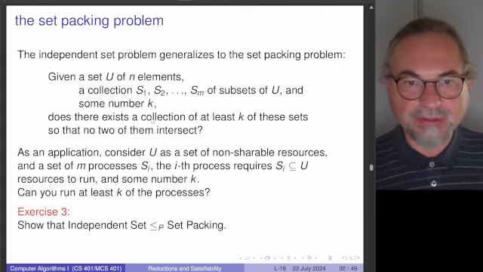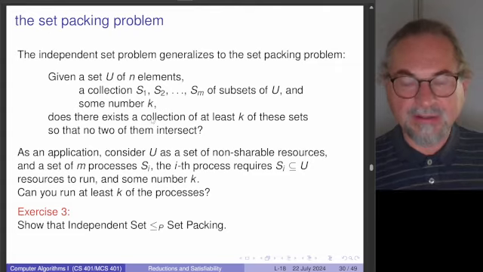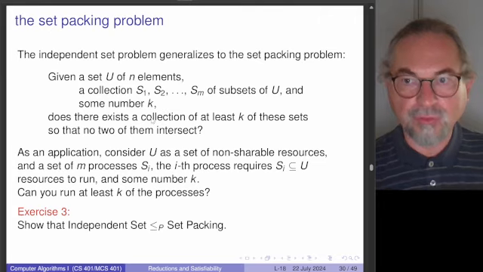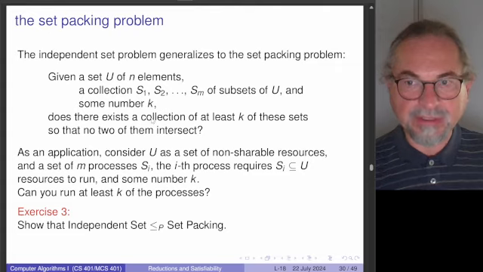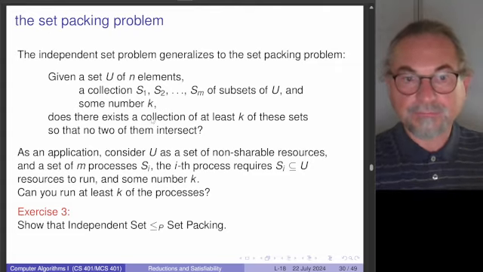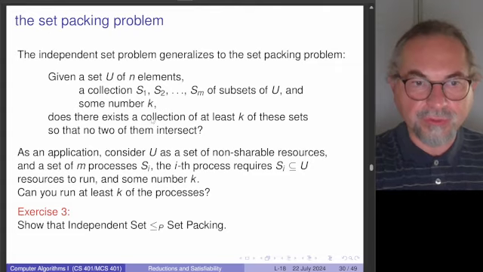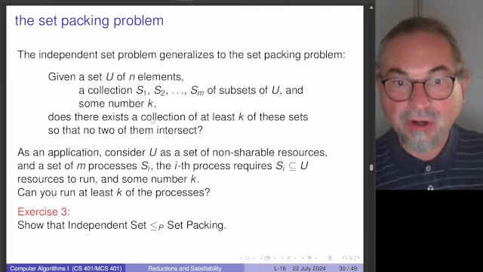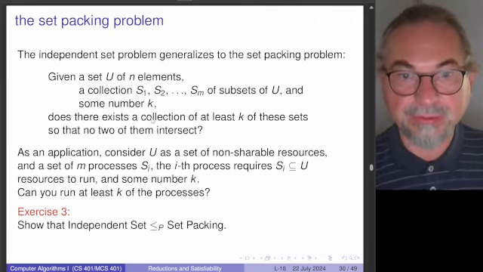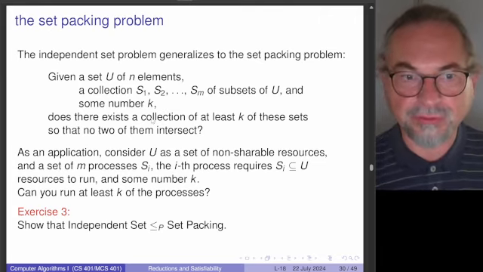You can see these resources that are necessary to run some processes. The processes have to use some of the resources, and while one process is using those resources, other processes cannot utilize them.